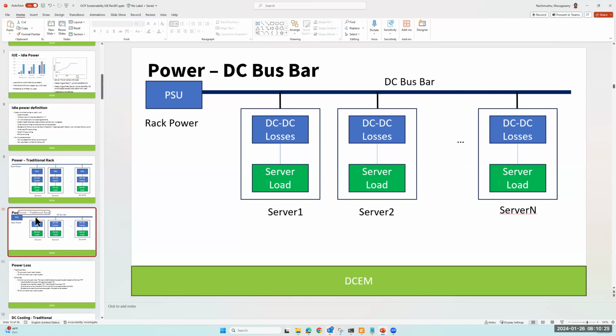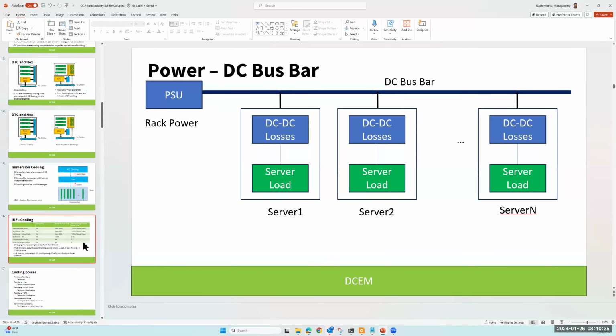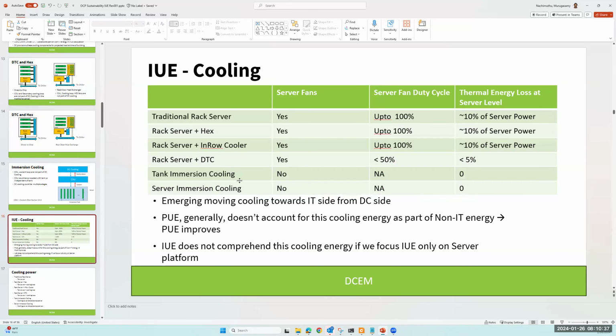We need to map this to a variety of systems. For example, if you go to immersion cooling, are we going to have a power supply per system, or is it shared?